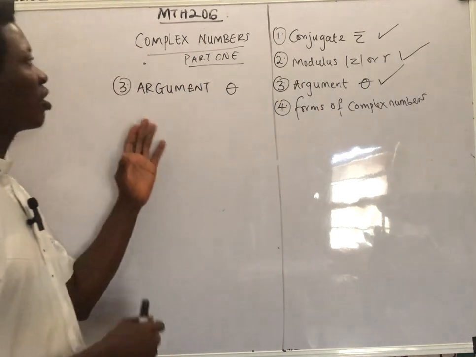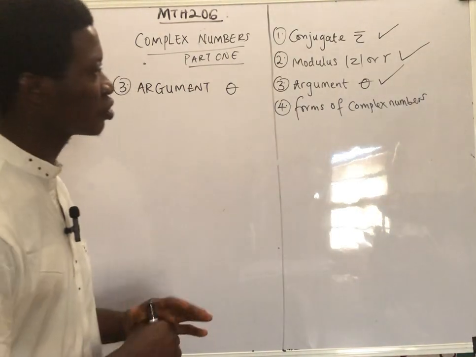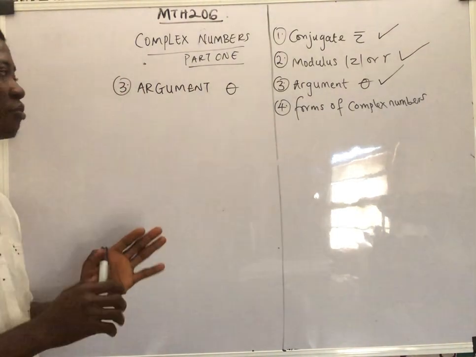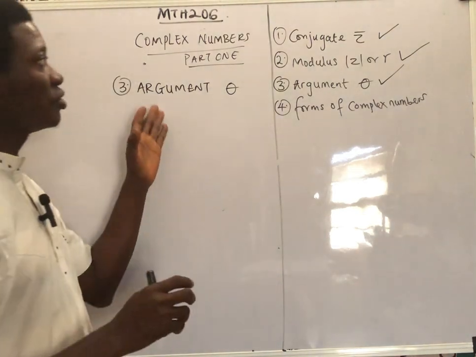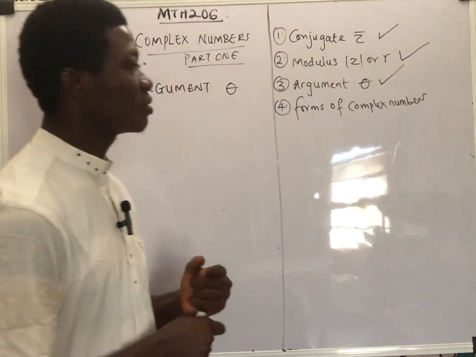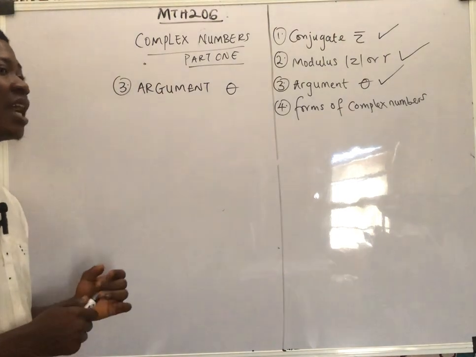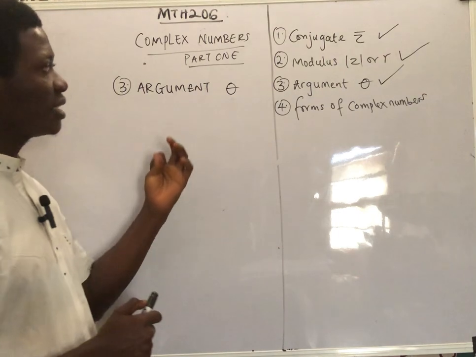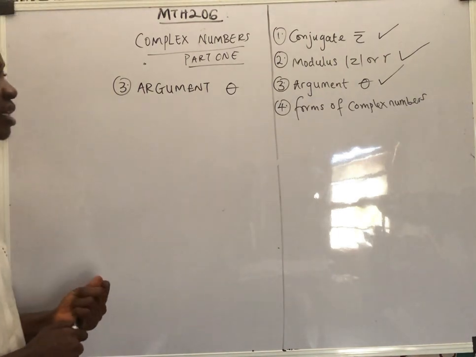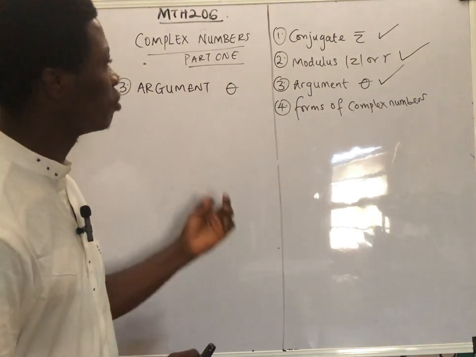But for the sake of this part one, I'm not going to talk much on those types of arguments. The argument I'm going to be talking about is the argument that is due to this particular cause. The argument which is mostly used is the ordinary argument. So moving on.